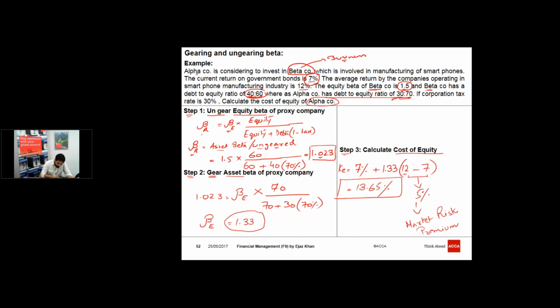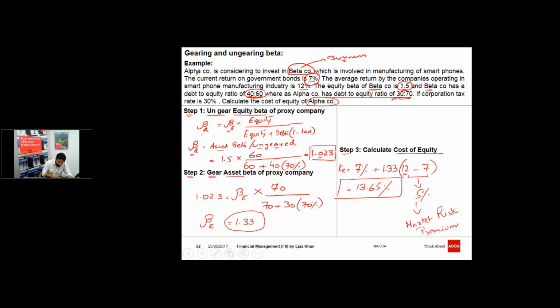So from this 1.5 beta, the business risk of Alpha Company will be the same, so we can use the same business risk as Beta Company, but we can't use the financial risk of Beta Company because Beta Company has different financial risk. So what we have to do is offload the financial risk from this 1.5 figure.